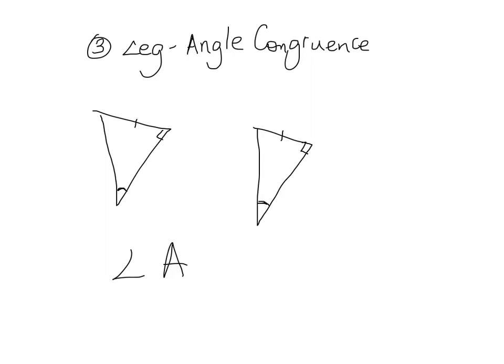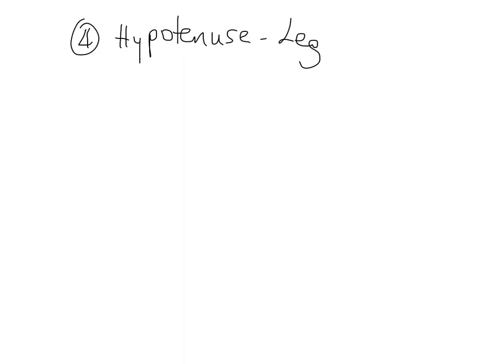And there's one more. Our fourth type of congruence for right triangles is called the hypotenuse leg congruence. So I'll repeat that. It's called the hypotenuse leg congruence. All right, so again, exactly what it sounds like. No surprises here.